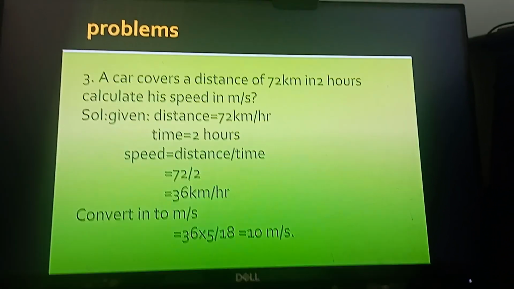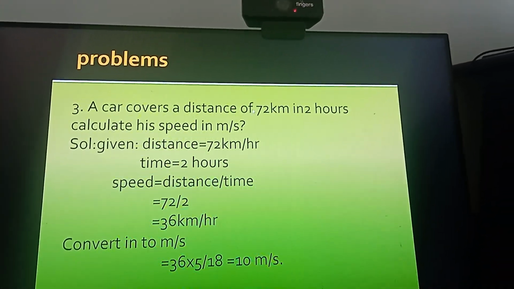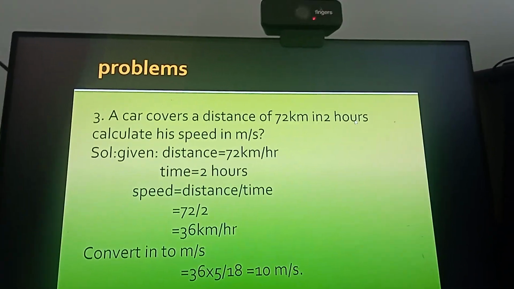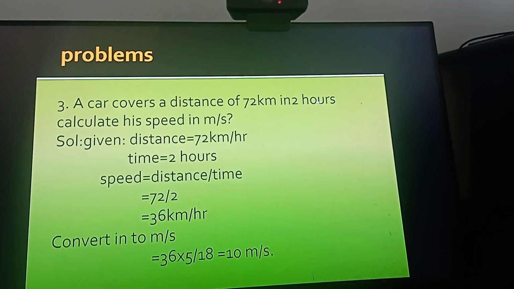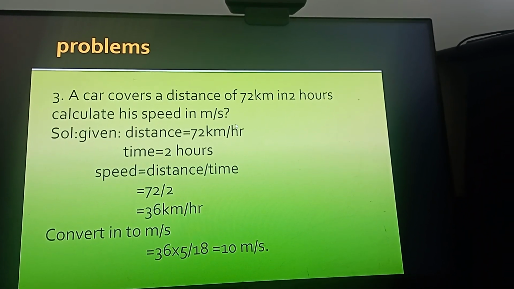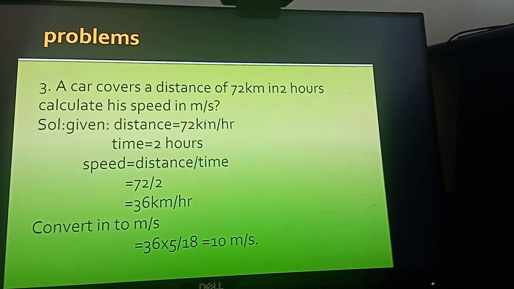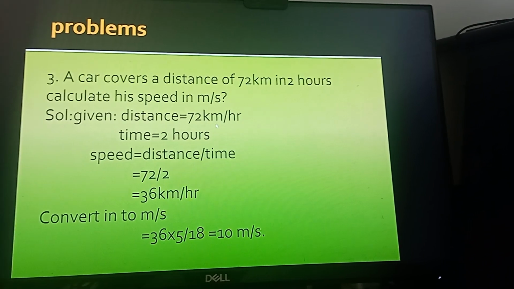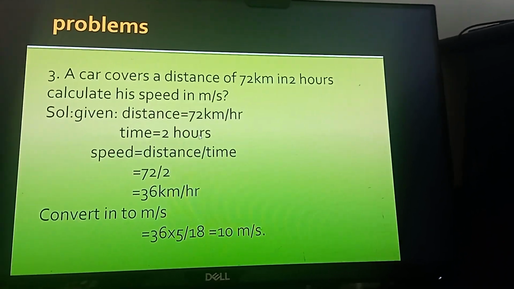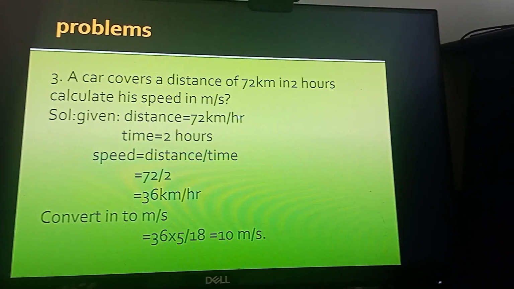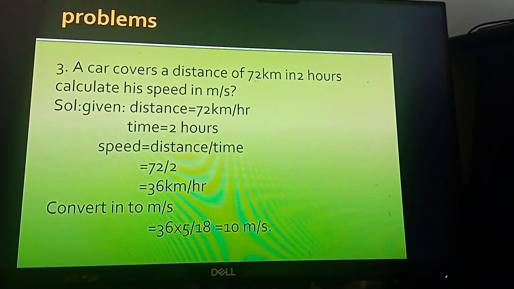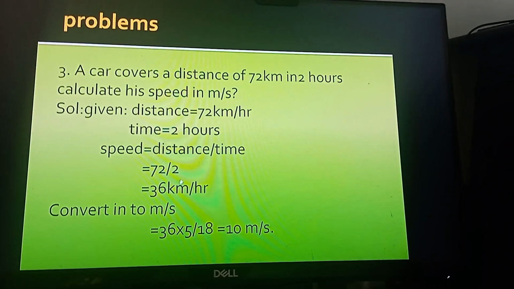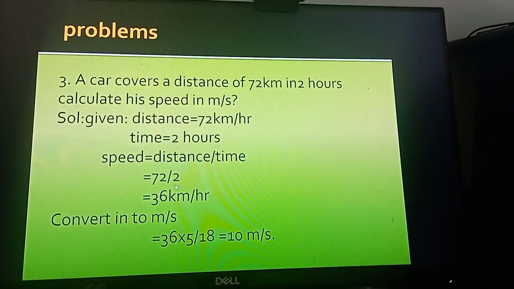A car covers a distance of 72 km in 2 hours. Calculate the speed in meters per second. They gave it in kilometer per hour and they ask you to find it in meter per second. What is the distance given? 72 km. Time 2 hours. Speed equals distance by time, 72 by 2.